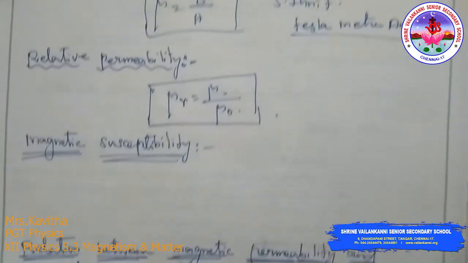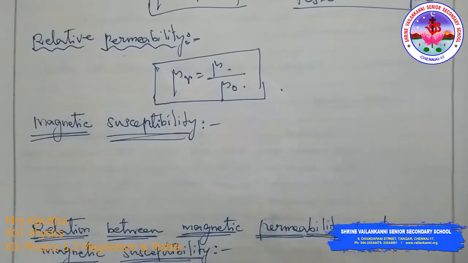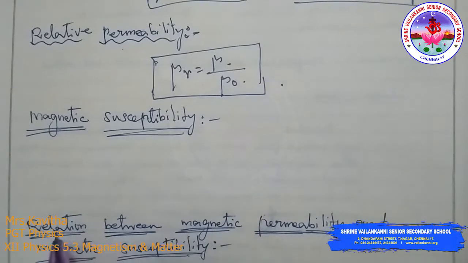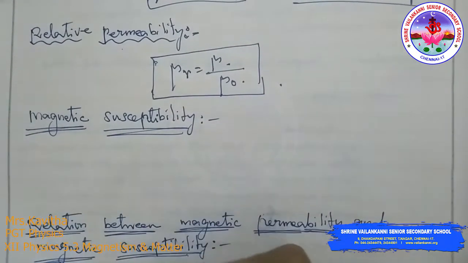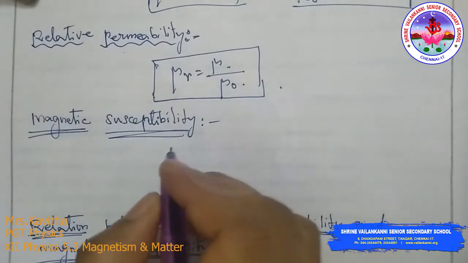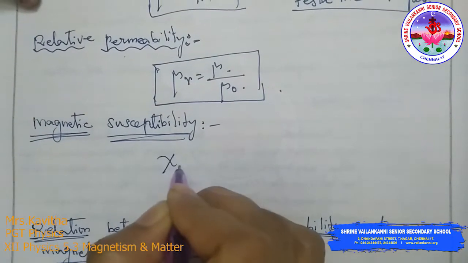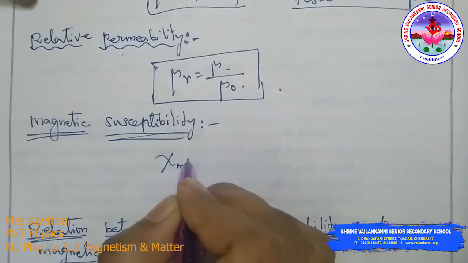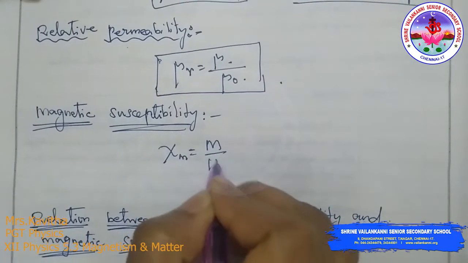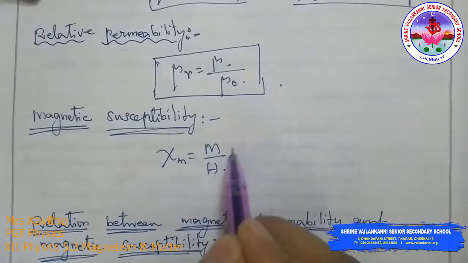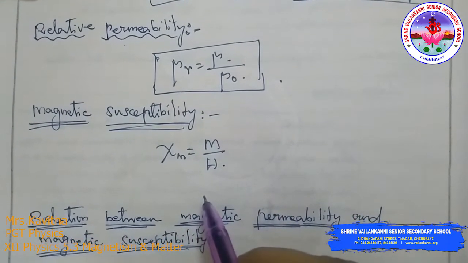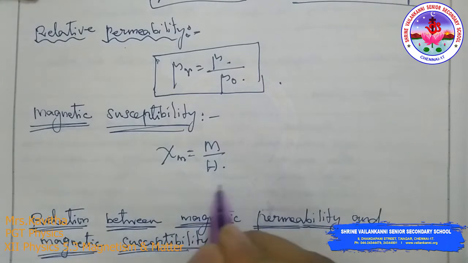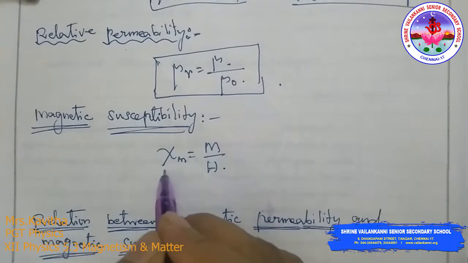What is magnetic susceptibility? It is the ratio between the intensity of magnetization and the magnetizing field intensity, chi m equal to M by H. Which is denoted by chi m.